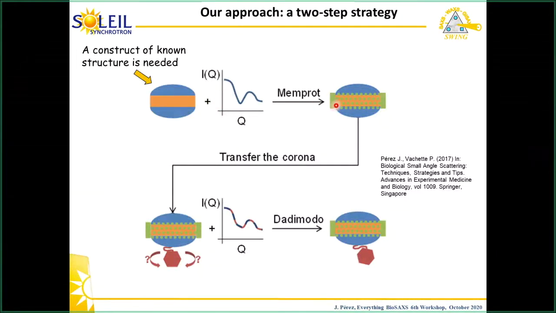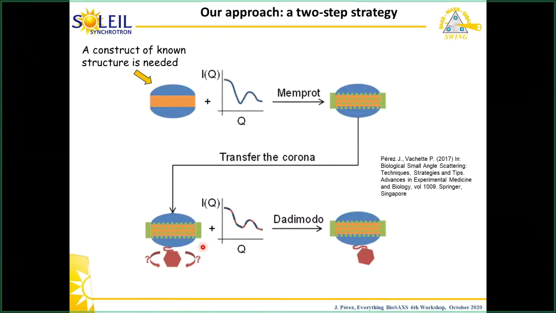And from this SAXS curve, we construct a model for the corona of detergent that is around the known structure. Then, what we are interested in at the end is, if you have a construct of the same protein but with an additional domain, what would the conformation of the whole protein be? What would be this global conformation?